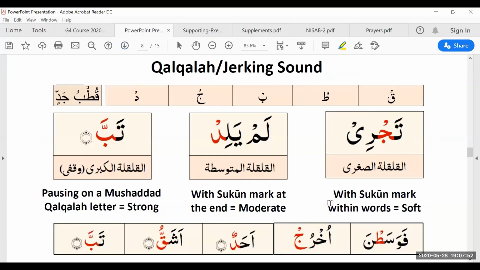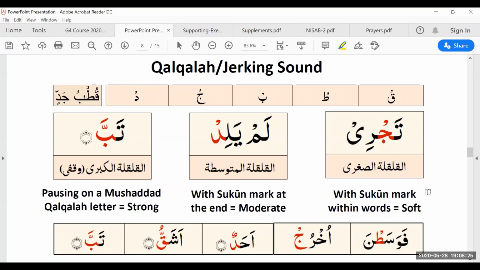Okay, so the next rule is huruf al-qalqalah, and there are 5 letters in this category, and they are qaf, ta, ba, jim, and dal. And you can easily remember these 5 letters if you remember these 2 words, qutbu jaddin. So if you remember these 2 words, then you can easily recall these 5 letters as well.